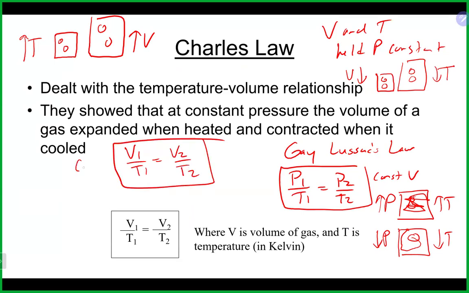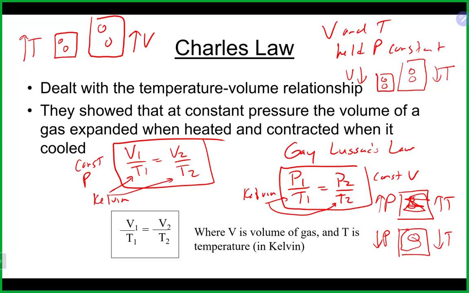Here, this is constant pressure, so the temperature needs to be in Kelvin. This temperature here needs to be in Kelvin too. When you're doing gas laws, it's a no-brainer. It should be the first thing you do. If you have temperature, just put it into Kelvin.